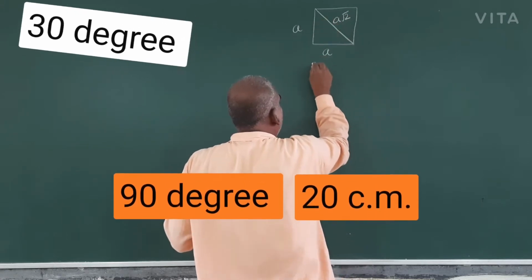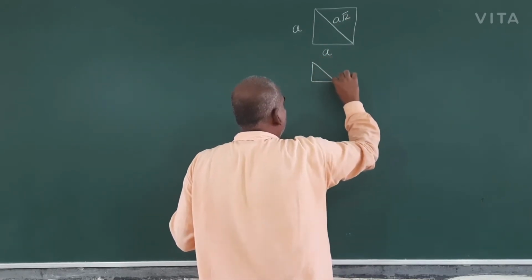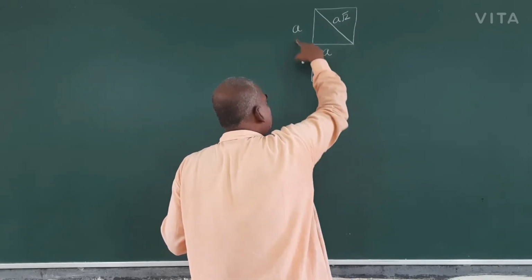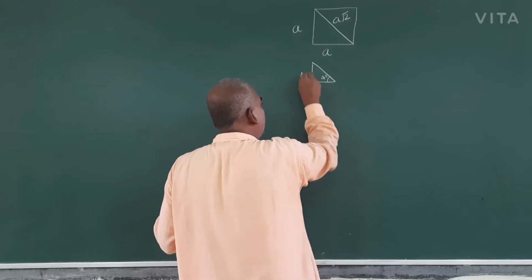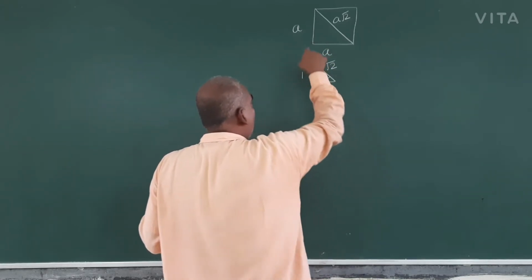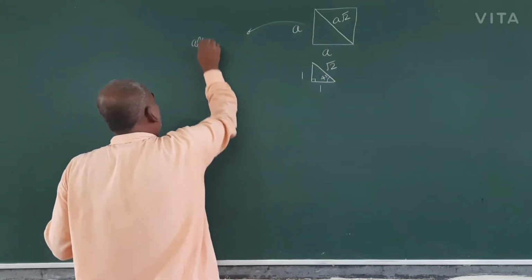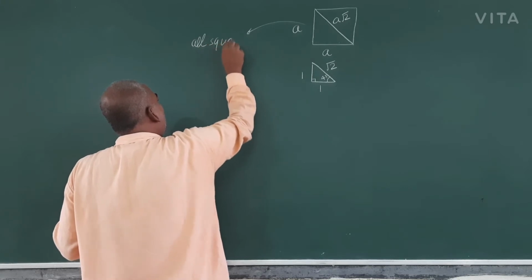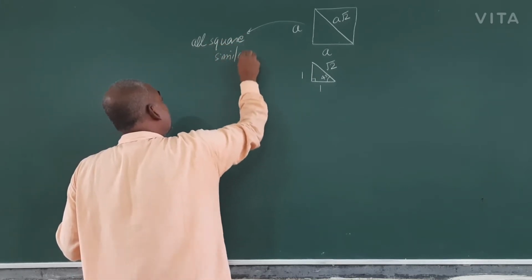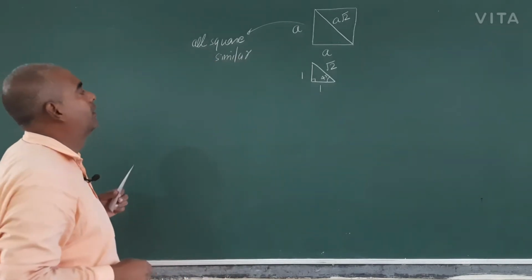So we have a unit triangle. This is 45 and this is 90 degree. So that was a, a, and a root 2. All squares are similar. All this is in chapter number 6.1.